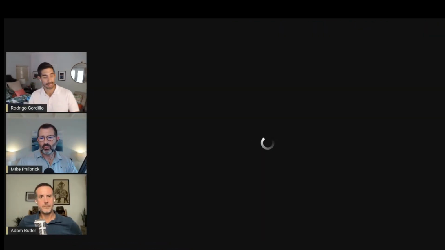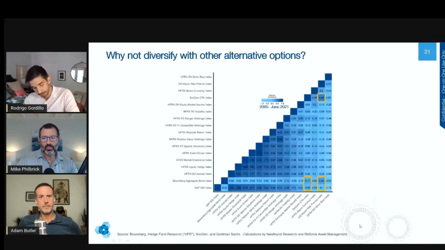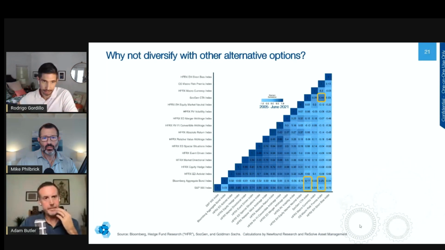Let me just share my screen here quickly. There is something to that when we look at this slide, which I just grabbed from the hedge fund indices in the HFRI database. We're looking at activist, equity hedge, market directional, event-driven, special sit, value arbitrage, absolute return, convertible, merger, and relative value, market neutral.